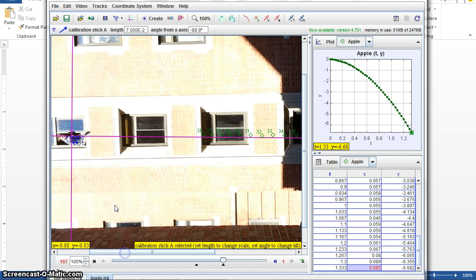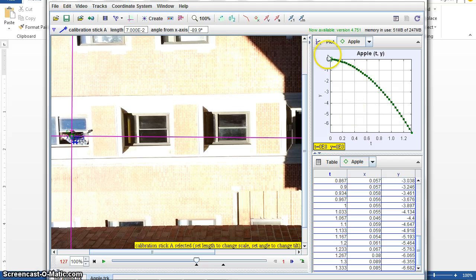I'll first do the apple. I oriented my axis so that it is falling in the negative y direction, and I also calibrated my stick to the diameter of the apple, which is 0.07 meters. The position that I tracked, I put at the center of the apple, which is the point of mass for this tracker.